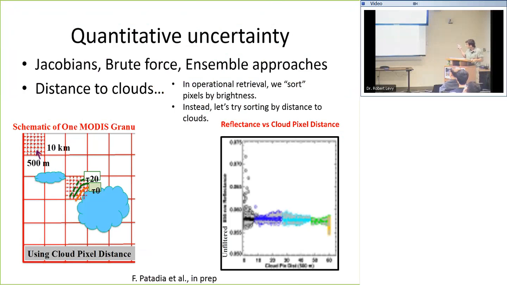And something we've been having a lot of fun with lately is looking at distance to clouds. If you have this n by n box and some clouds are identified, could we do something with the fact that certain pixels are close to clouds and certain pixels are far from clouds, and then make multiple retrievals and do some kind of ensemble thing?